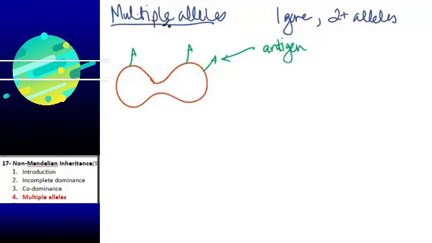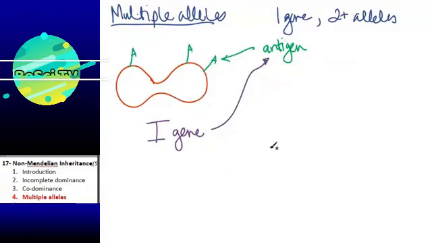And the blood type gene, for whatever reason, is called the I gene. It codes for these little antigens. Let's just say the I gene codes for these specific antigens in red blood cells.